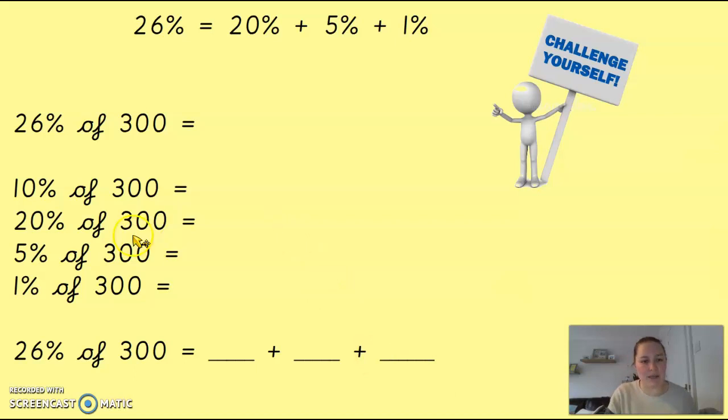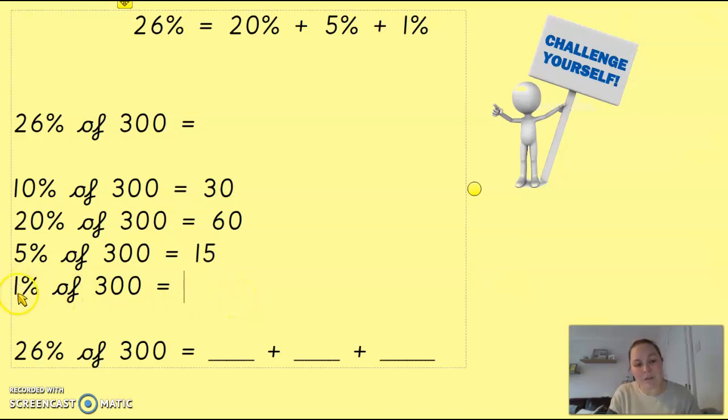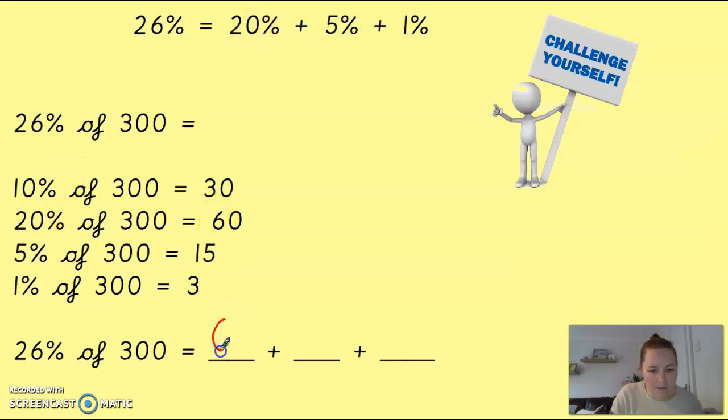Okay, so let's work it through together. 10% of 300 is 30. Then I use that to find 20. I double it, 60. To find 5%, I take my 10% and I half it, 15. And to find 1%, I can just divide my number by 100, 3. Now I look back and I say, what did I need? I needed 20. 20% is 60.